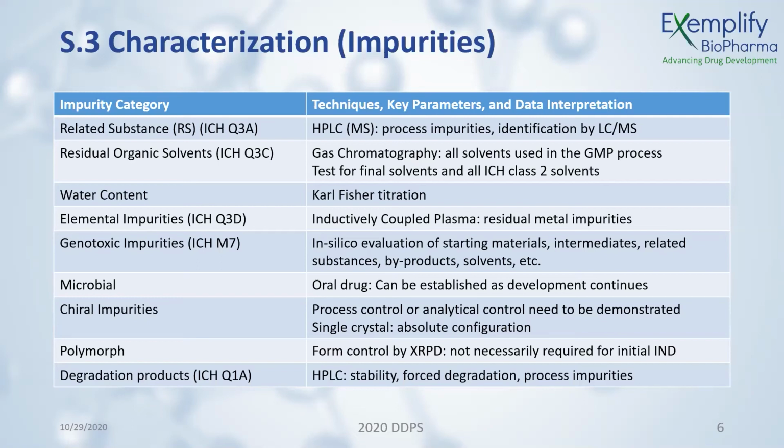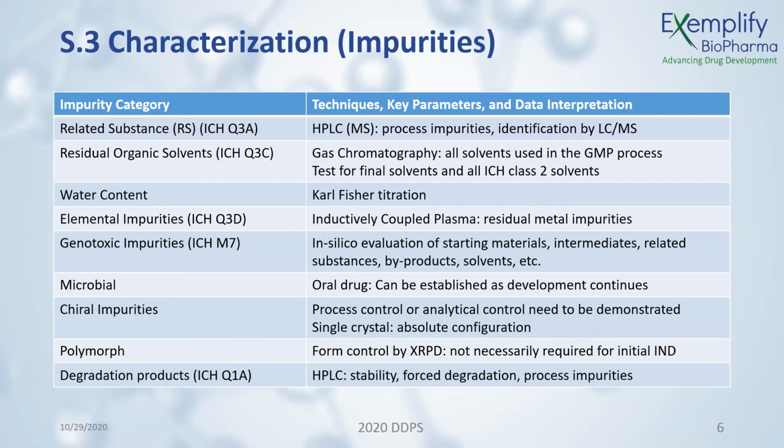Polymorph is not necessarily required for the initial IND. You can use crystalline form or amorphous. If you have to control the form, that can be set in your internal specification, but not necessarily included in the IND because it's such an early stage.